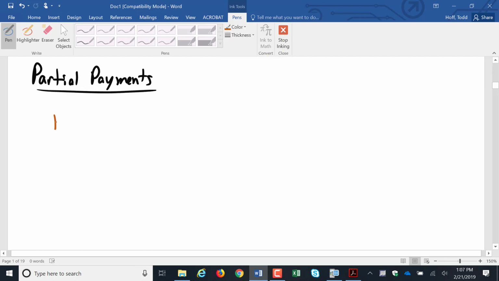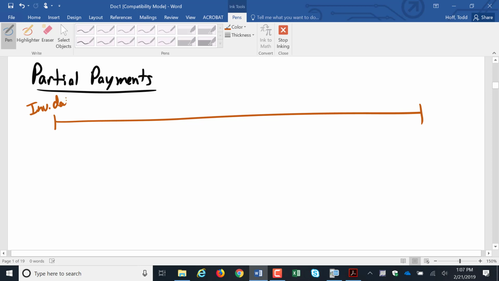Remember, we have this timeline. This is our invoice date right here. And at some point, 5 days, 10 days into the future, we might have the end of a discount period.